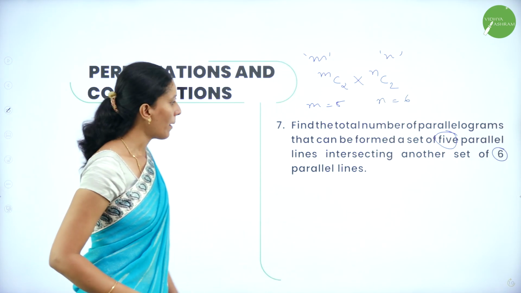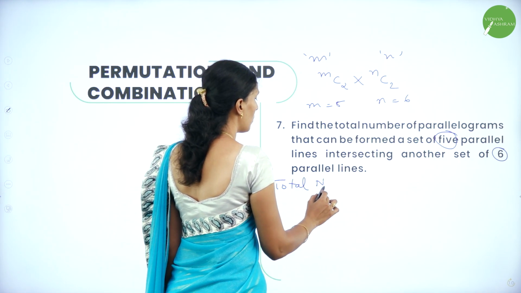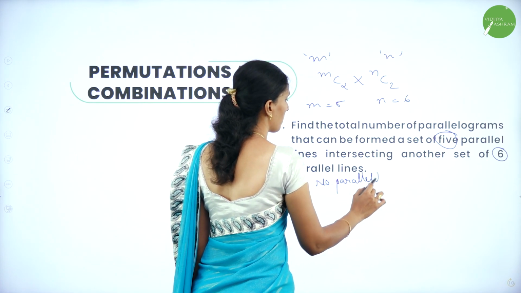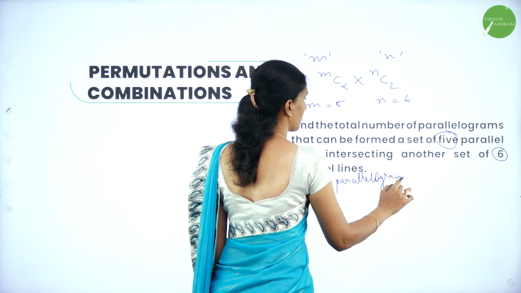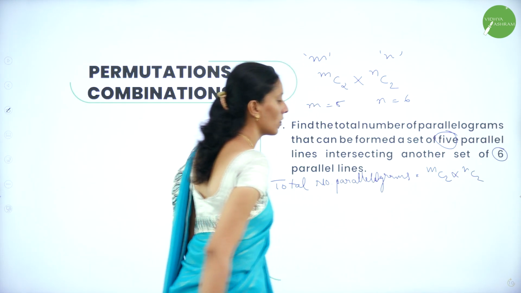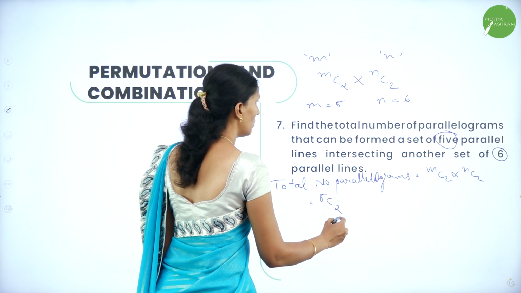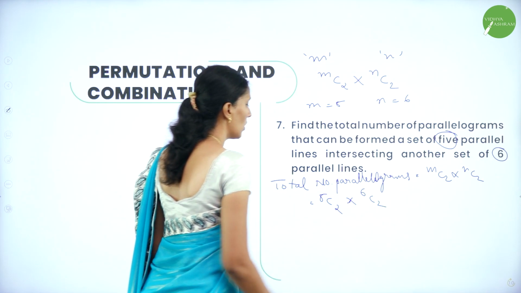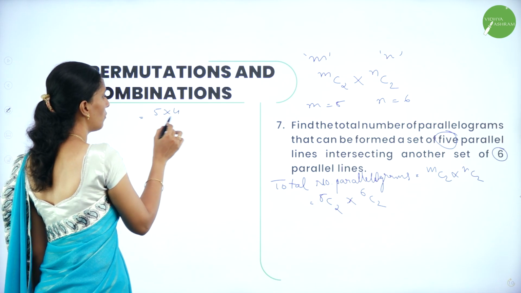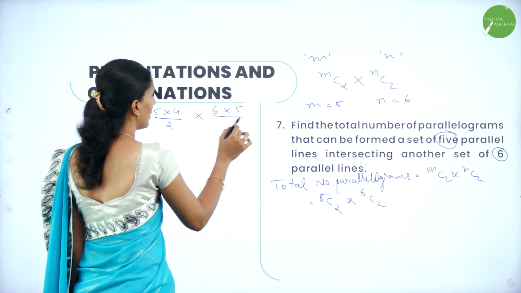So the total number of parallelograms will be equal to mC2 into nC2. According to the question, it is 5C2 into 6C2. 5C2 is 5 into 4 divided by 2, into 6 into 5 divided by 2.